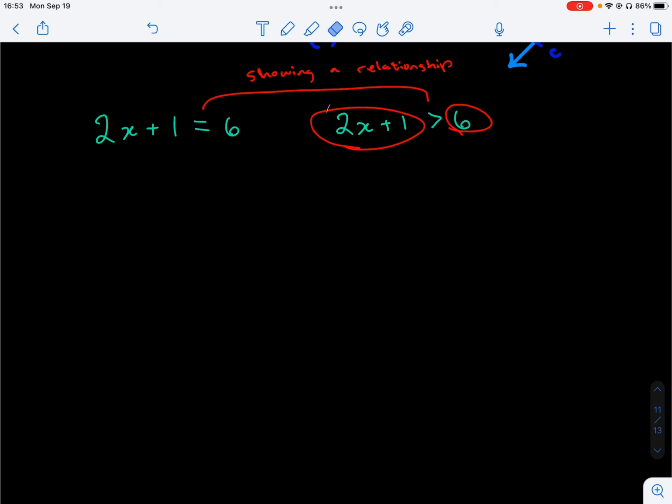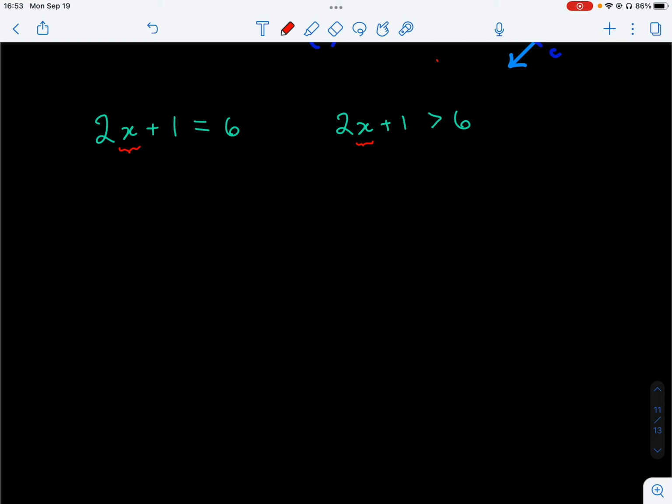For instance, this left expression says that 2x plus 1 is the same as 6. Over here we have 2x plus 1 is greater than 6. Either way, this x is a missing term that we want to figure out.